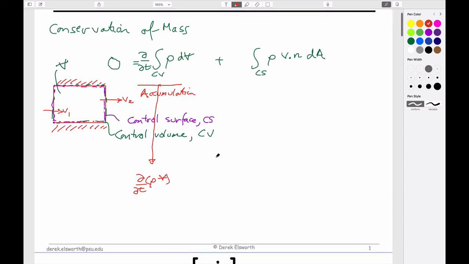The other component is the mass rate in minus mass rate out, which we could calculate by knowing what the velocity is. If you multiply the density times the velocity times an area, you know what Bernoulli looks like, right?